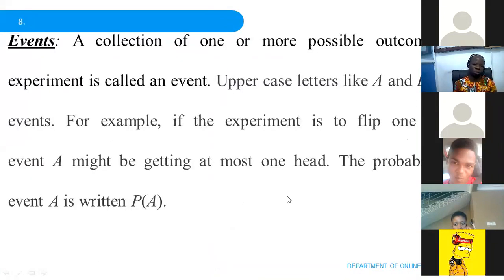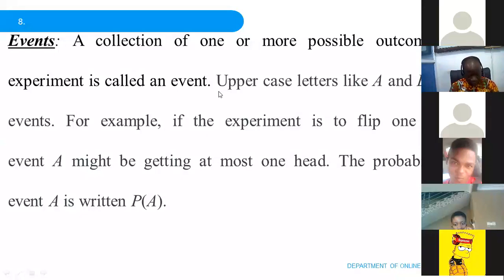Event. This is another important definition we need to look at, because we shall be dealing with events from the beginning to the end of probability. What is an event? A collection of one or more possible outcomes of an experiment is called an event.